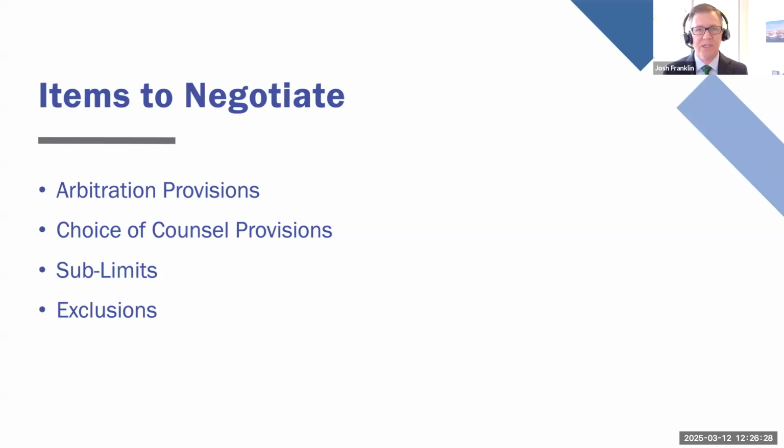You might have a multi-million-dollar limit on your cyber liability policy, but there may be a sublimit of $50,000 for any loss that arises out of a ransomware attack or an email phishing scam, or the things that are most likely to actually occur. So if that's what you're buying coverage for, make sure that you're not getting less coverage than you think because of one of these sublimits.